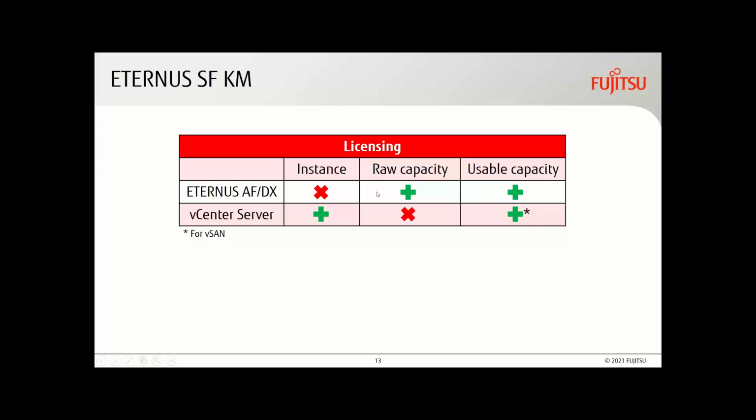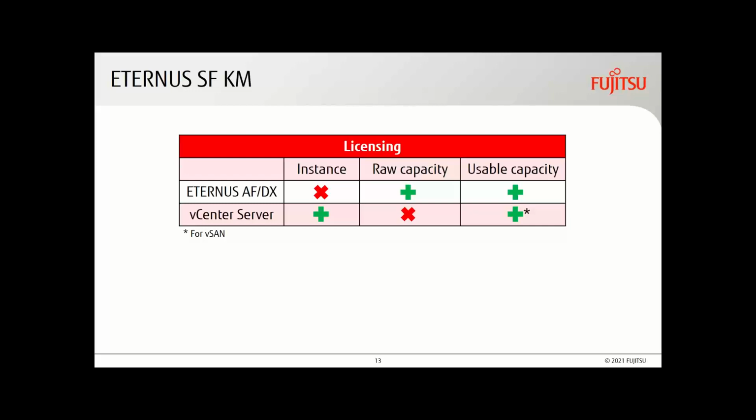Capacity licensing can be calculated in two ways, per raw capacity or per usable capacity. Raw capacity is available only for ETERNUS systems, and it's calculated based on the number and size of the self-encrypted drives or FIPS drives. So you just need to take the number of drives and multiply it by its capacity.